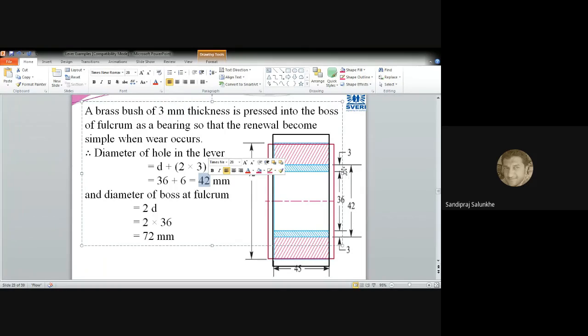By considering the 3 millimeter thickness of that bush, we calculated the bush diameter as 42 millimeter, and 72 millimeter is the diameter which we have calculated for increasing the thickness of that lever.